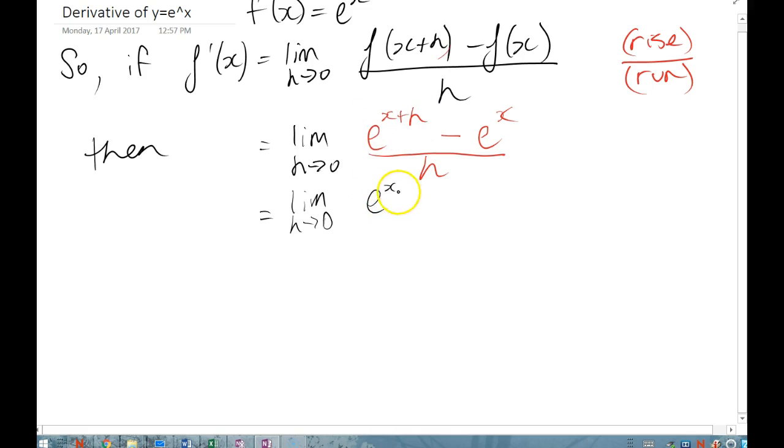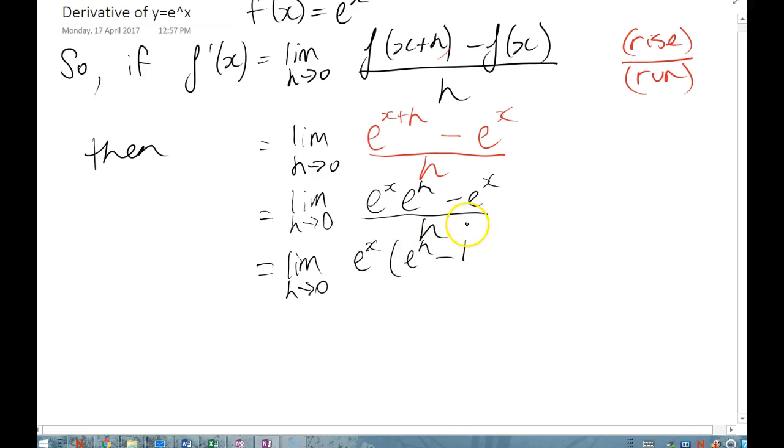So this is e to the x times e to the h, because that would mean I go x plus h, minus the e to the x, all over h. Lovely. Now I can factorise. See how I've got an e to the x here and an e to the x there? I'm going to factorise that out: e to the x, and it'll be e to the h minus 1 all over h.